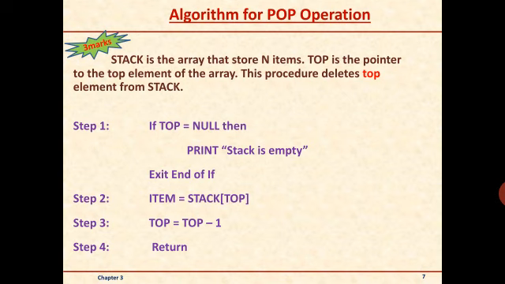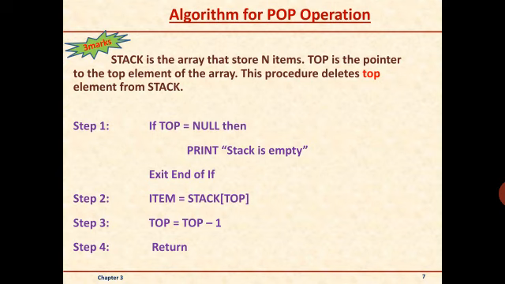In step 2, suppose the stack is not empty, then we want to remove the item. Which item do we have to remove? In the stack, we know that the top item has to be removed. So item is equal to stack of top. Here we are copying the top element into the item.